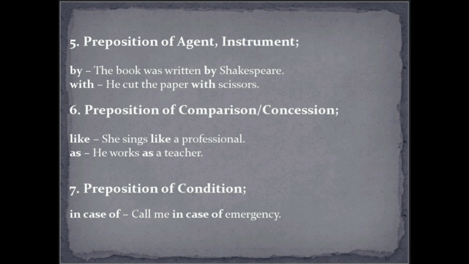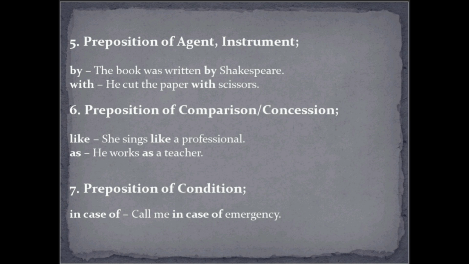Here, as shows equality in role. He is working in the role of a teacher. Here also we are comparing and showing equality. So that is the comparison preposition we use here: as.